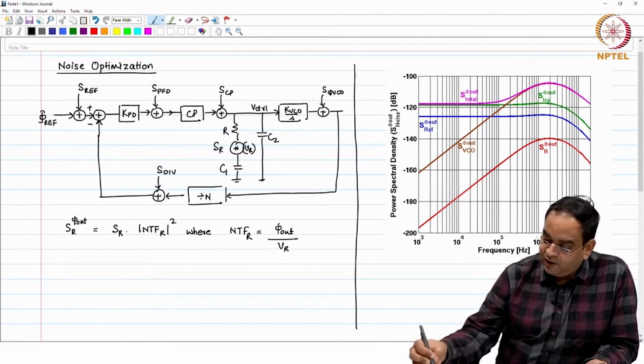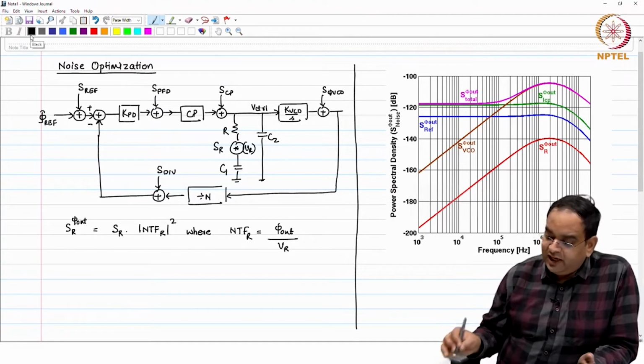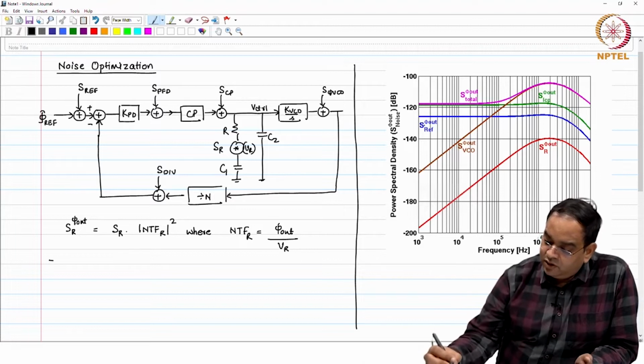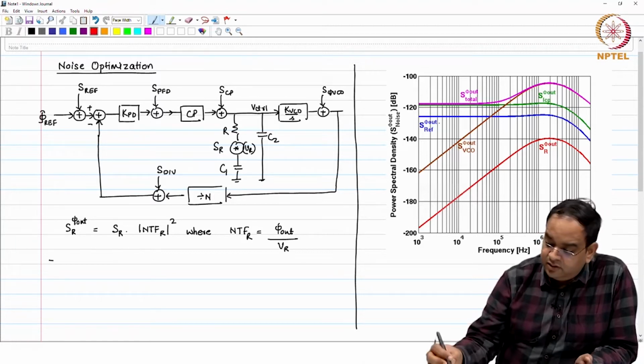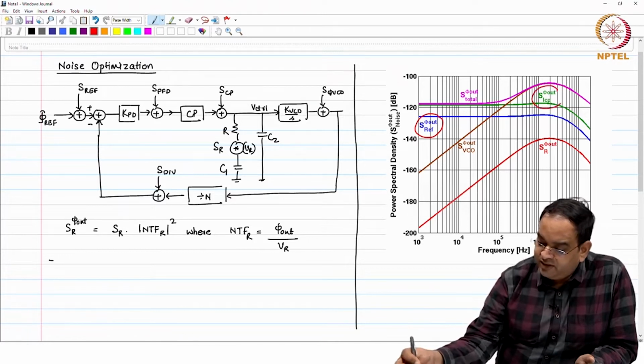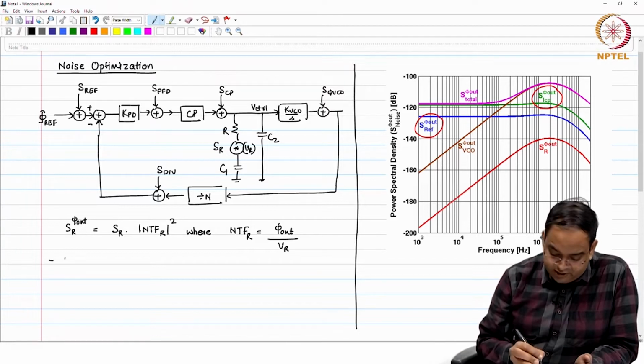So, we are plotting the output noise spectral densities. The important thing which we would like to highlight is the following: your reference noise phi out R and charge pump noise are actually low pass filtered.